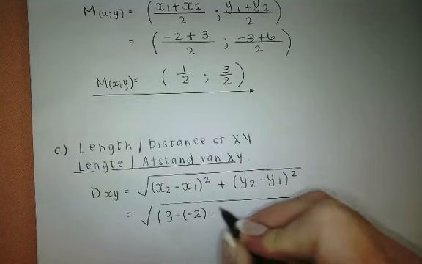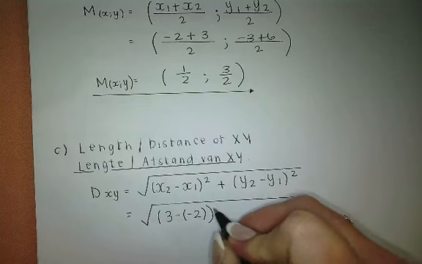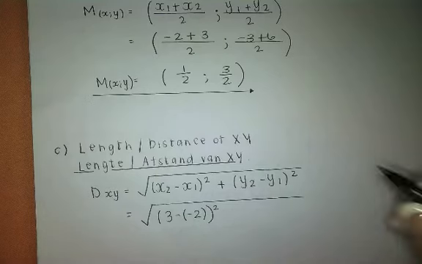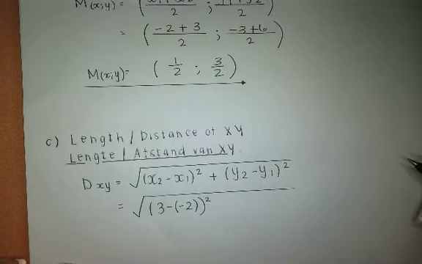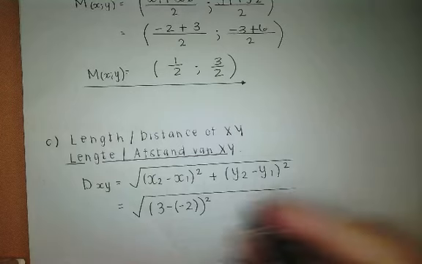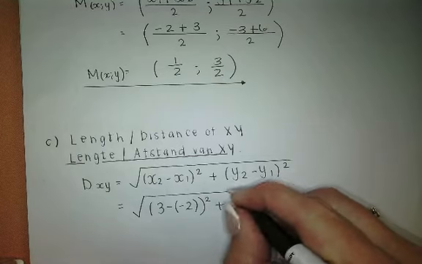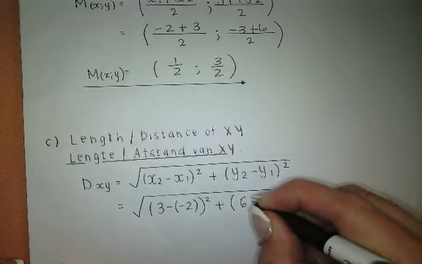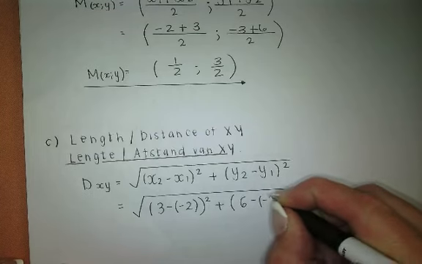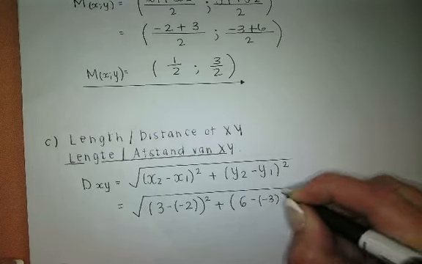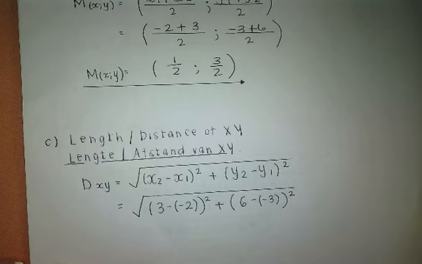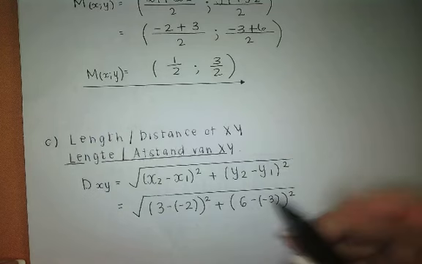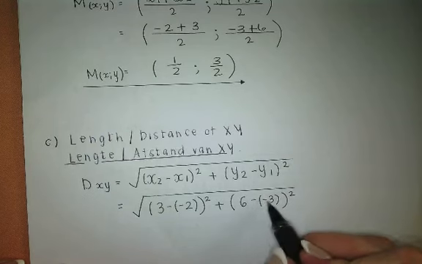We need to double negative, close your bracket, and square it. Then what is y2's value? 6. And what is y1's value? We need to double bracket, close your bracket, and square.